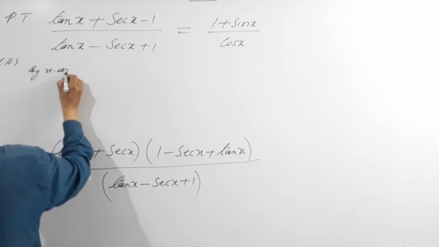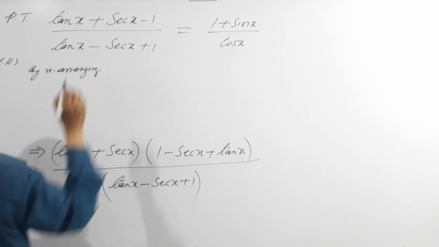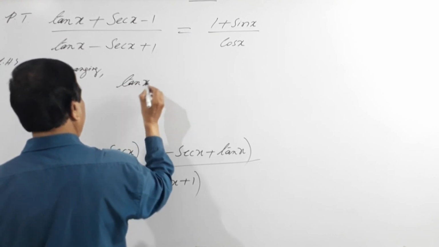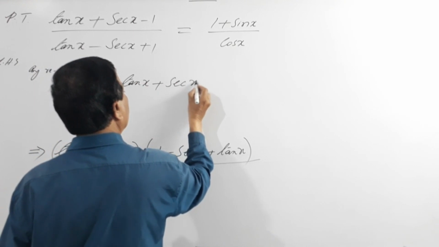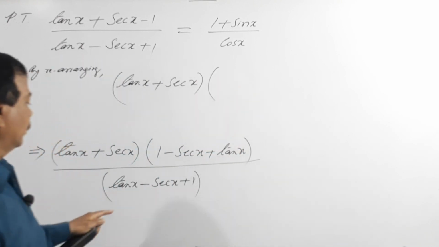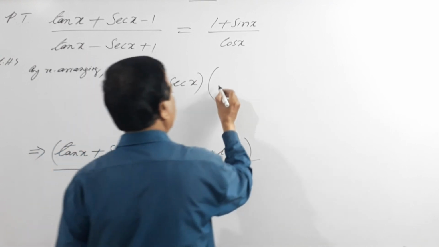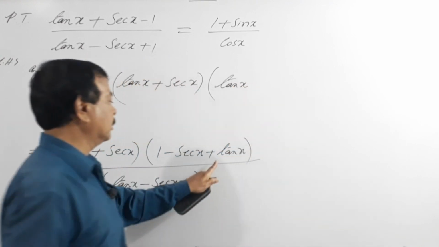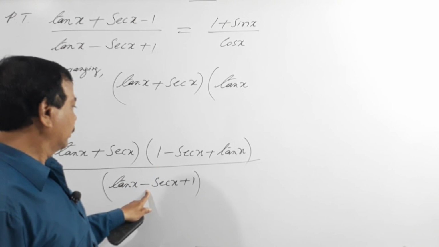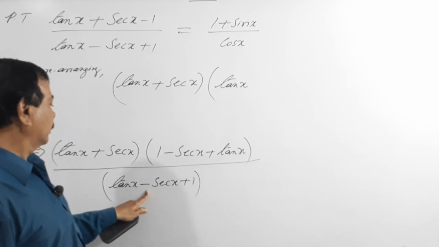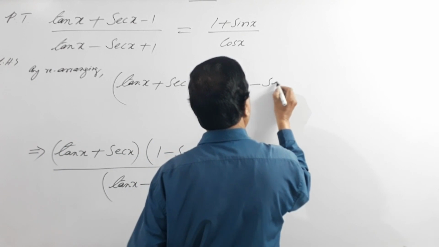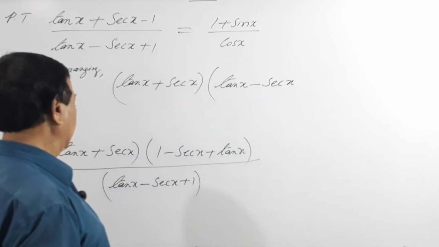By rearranging, I get tan x plus secant x into, I write tan x first, because tan x is plus, so I can easily write it as a plus itself. Next, tan x minus secant x plus 1.